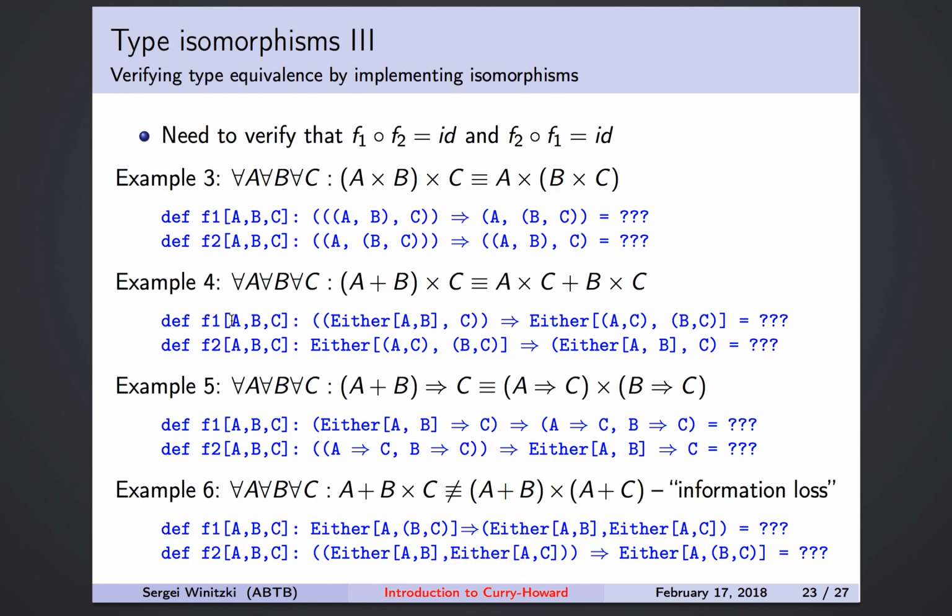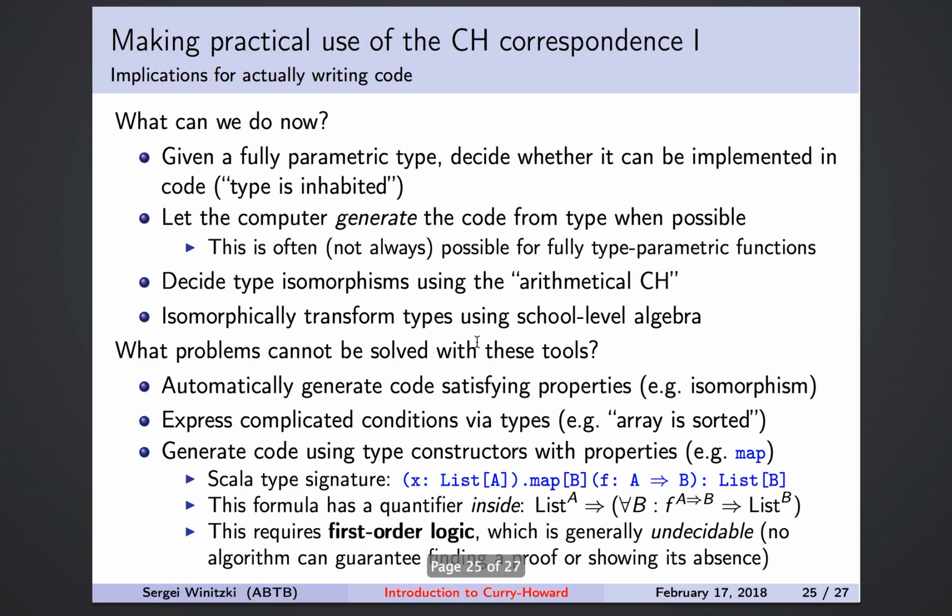All these functions do not have any types that are specific, like integer or string. All the types are fully parametric, and then there are some constructions, some type expressions made out of these types. So these are what I call fully parametric functions.